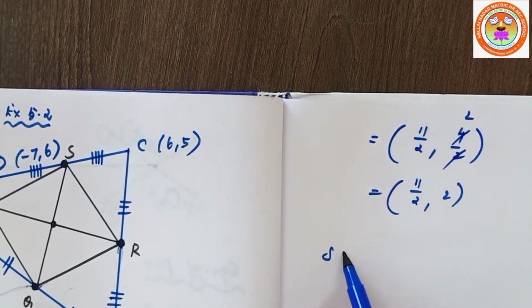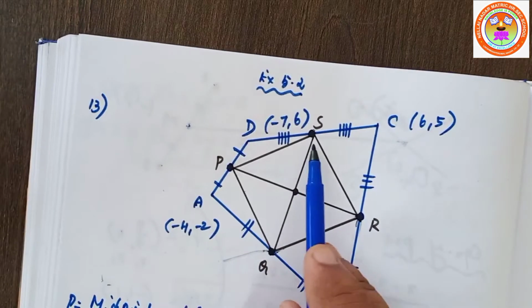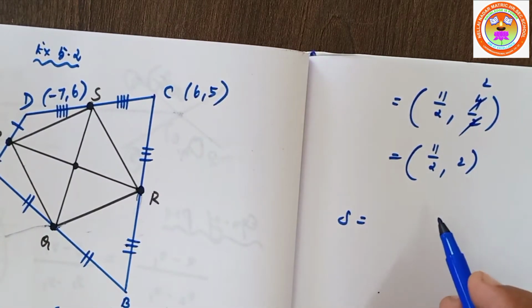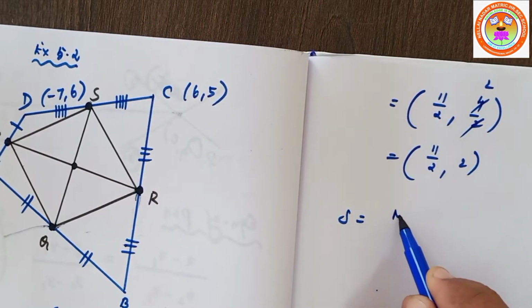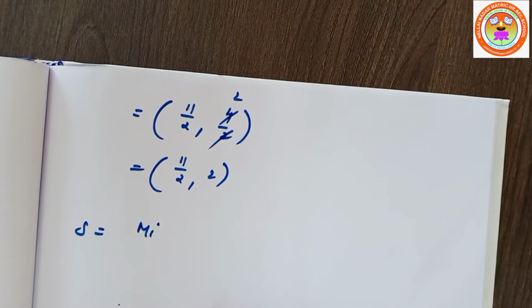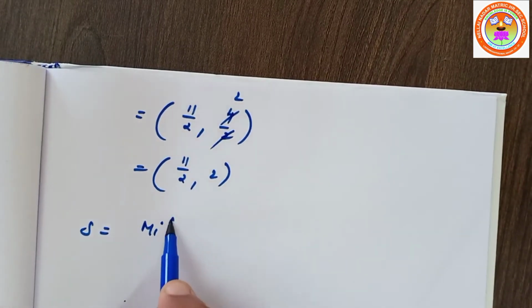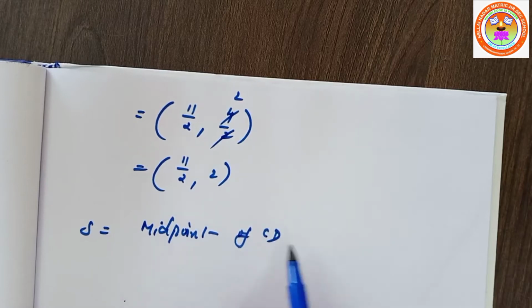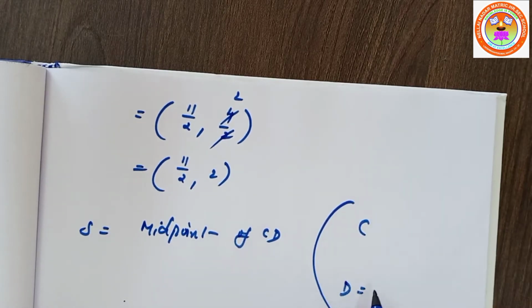Finally point S. Look at the diagram. S is the midpoint of CD. C point is (6, 5), D point is (-7, 6).